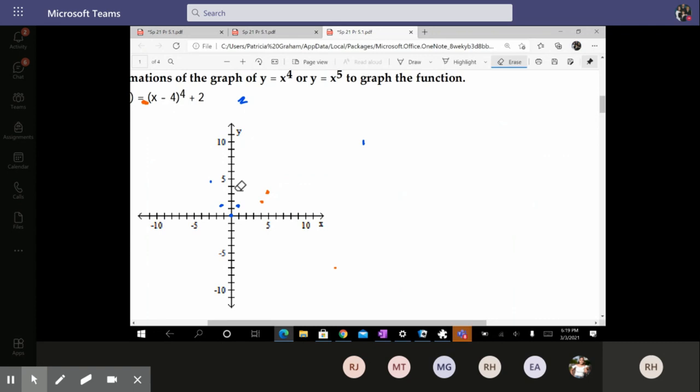What if it's not even? What if it's odd? Well, x squared is that parabola. What is your cubic function?